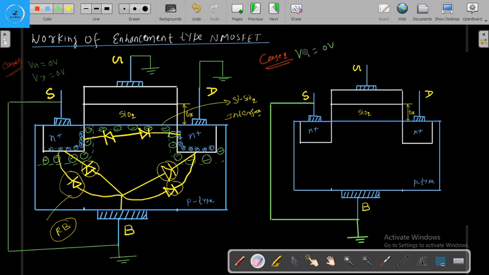This is Vg, this is not H. Vg at 0 volt, the gate voltage at 0 volt, and we are increasing the Vd.